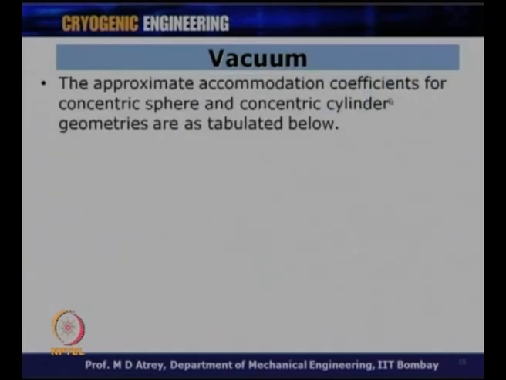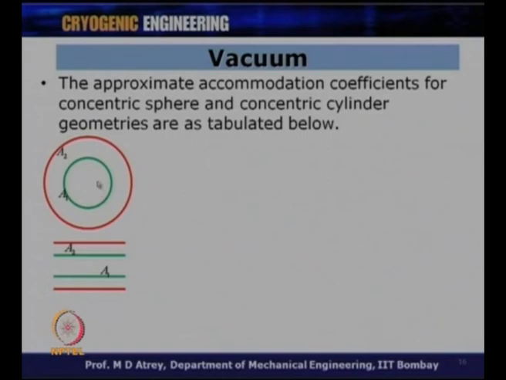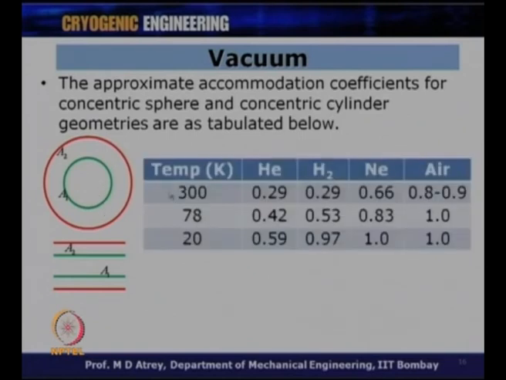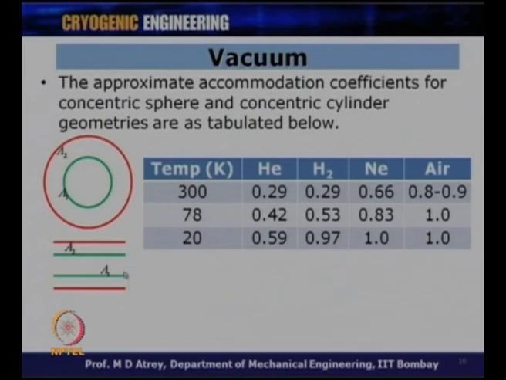The approximate accommodation coefficients for concentric spheres and concentric cylinder geometries are as tabulated below. What you can see is, if I have a cylinder, A1 and A2 are maintained at temperatures T1 and T2, with different temperatures 300, 78, 20 for A1 and A2, and then we have different gases: helium, hydrogen, neon, air.